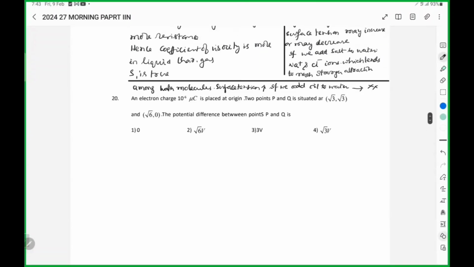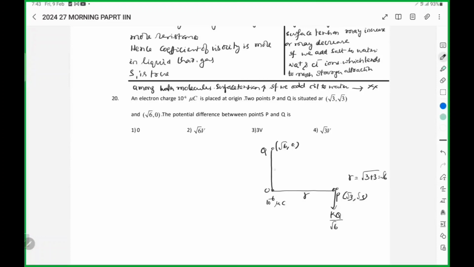Here an electron charge is placed at the origin, with reference point P, and Q situated at two different points. With respect to the reference point, the potential is kq by r. R is root 6.